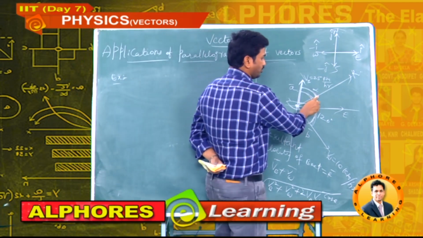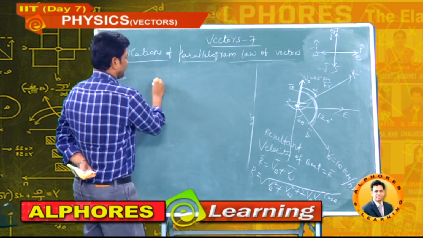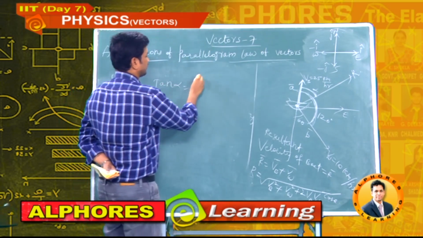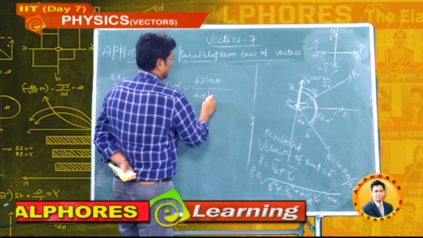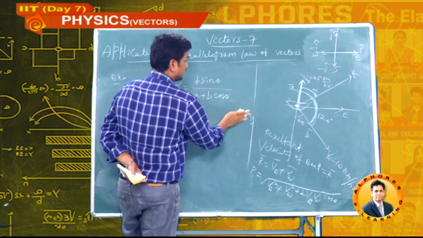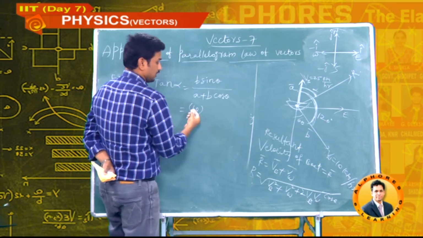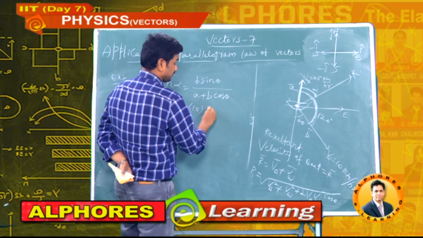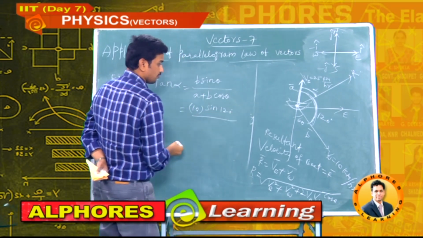Resultant velocity of the boat with respect to A bar, how much? Alpha. Now we know the formula, tan alpha is equal to B sin theta by A plus B cos theta. What is the B value? 10 kilometer per hour. Sin theta, sin 120, because the angle between both the vectors is 120.